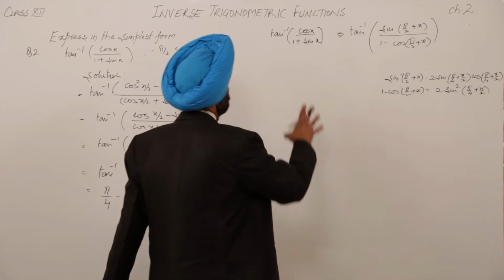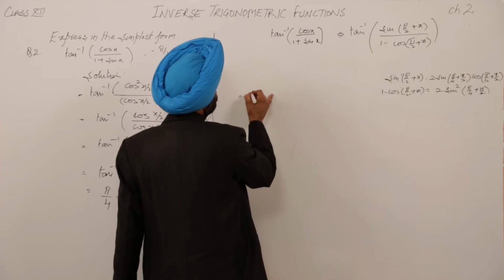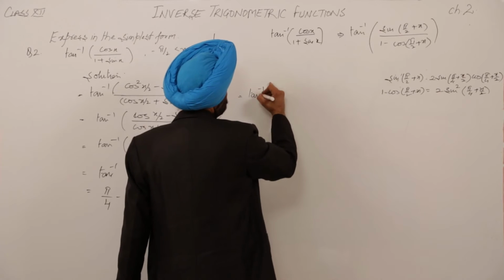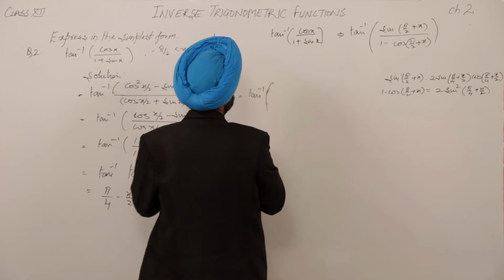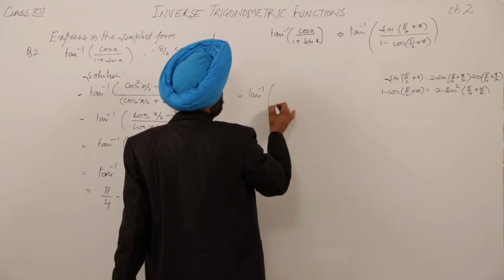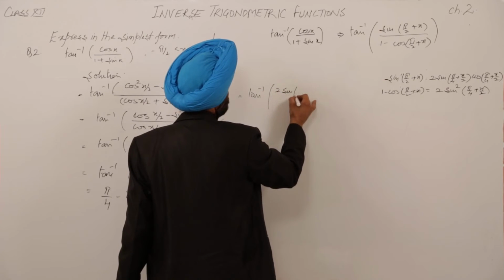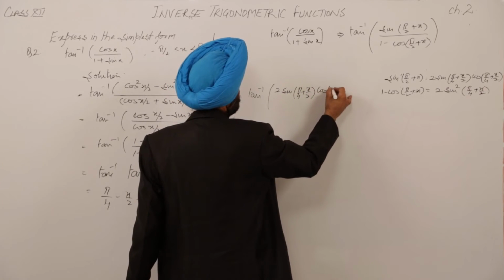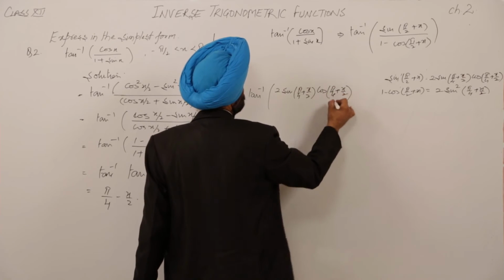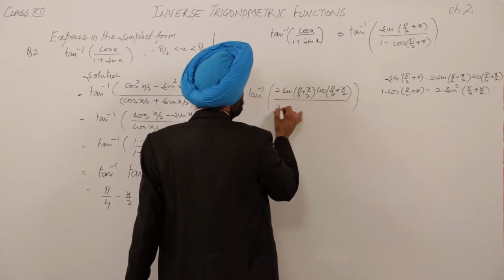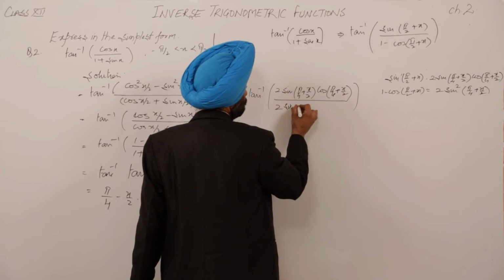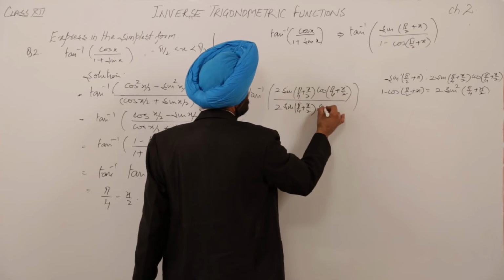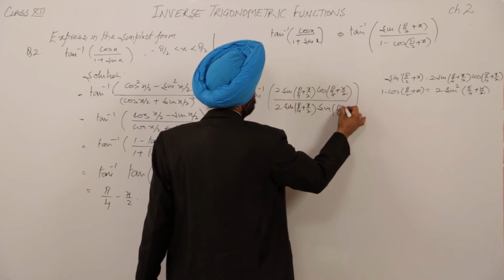Okay. So now this becomes what? Our question becomes tan inverse 2 sin pi by 4 plus x by 2 cos pi by 4 plus x by 2 upon 2 sin pi by 4 plus x by 2 sin pi by 4 plus x by 2.